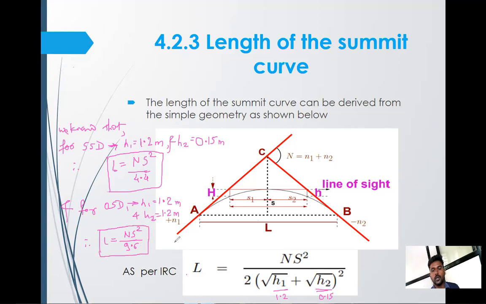Everyone write down this formula. This is the formula when we are using SSD, and this is the formula when we are using OSD.